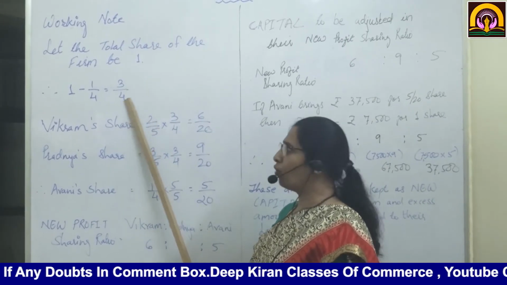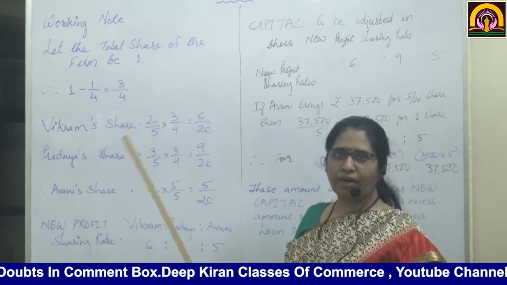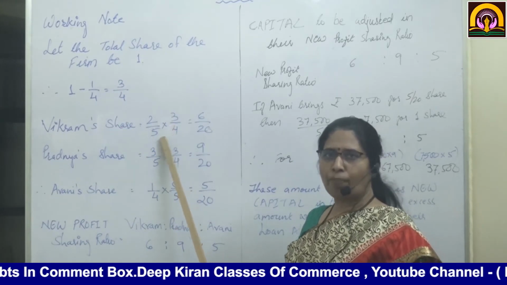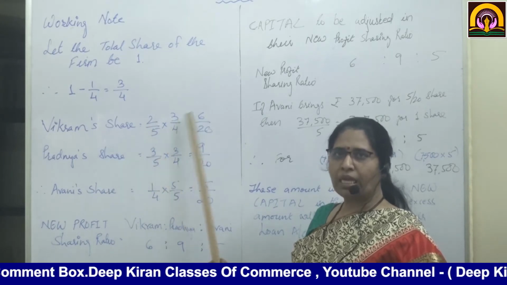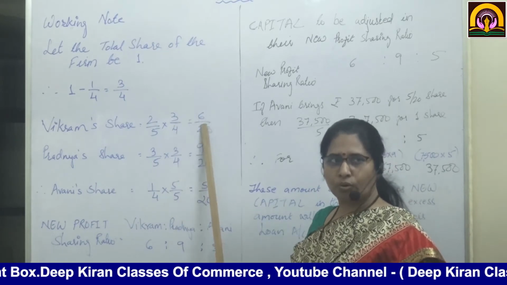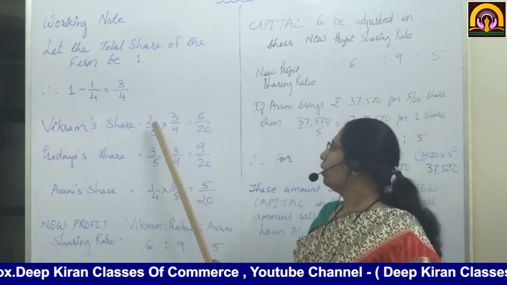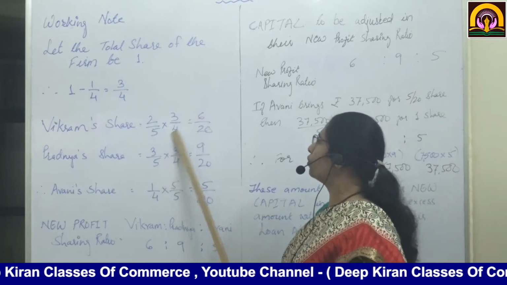3 upon 4. Now see, Vikram's share. What is the old ratio? Vikram 2 upon 5 into continuing partners' share 3 upon 4. So 2 into 3 is equal to 6, 5 fours are 20.